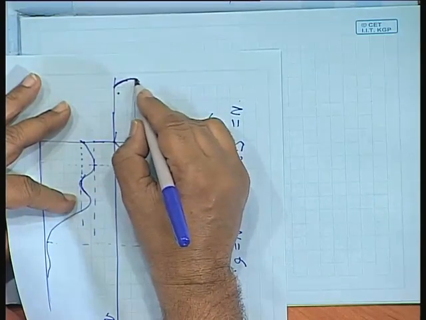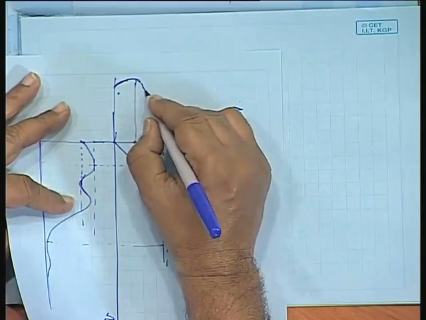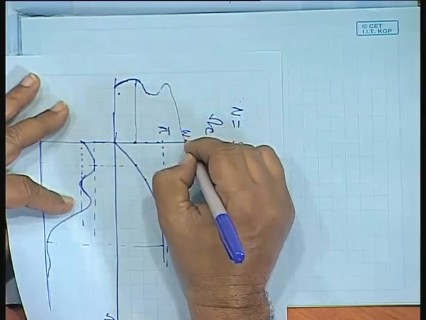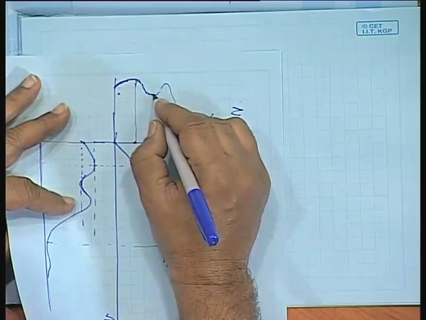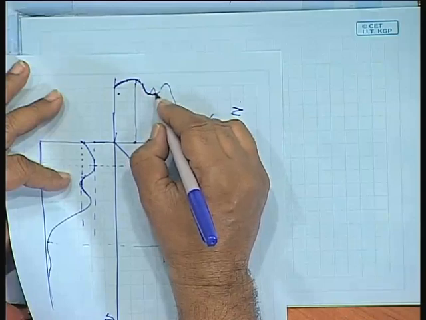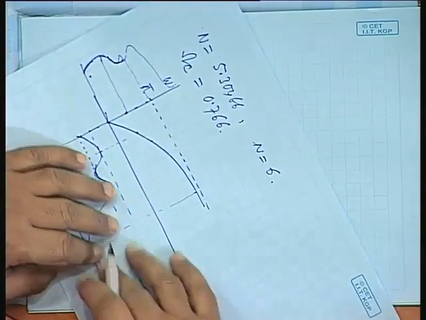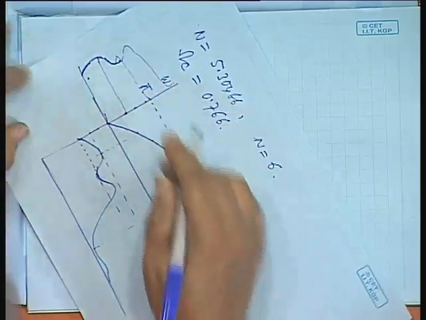It is somewhat like this. Sorry, it will be within pi, because this entire infinite range is compressed within pi.